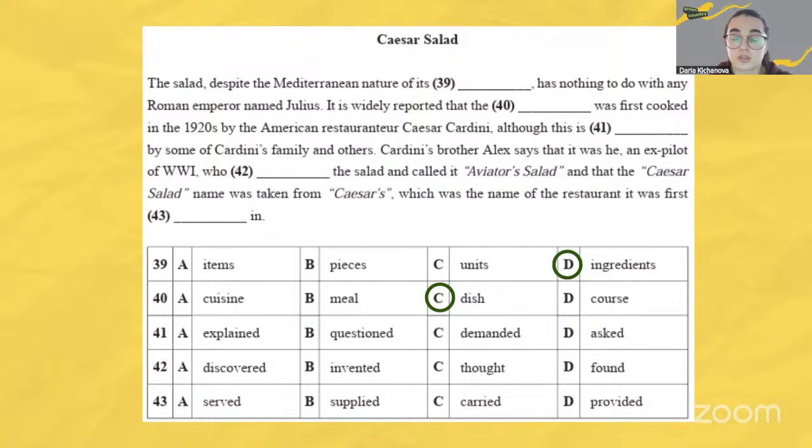So some people think that it was invented by the American restaurant, but other people think something else. So what can it be here?